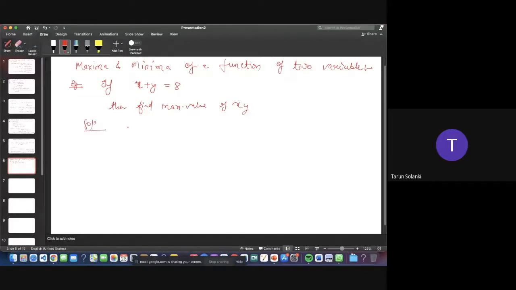Solving, let z equal xy. So z equals x(8 minus x), or z equals 8x minus x square. So dz/dx equals 8 minus 2x, which equals 0. So x equals 4.